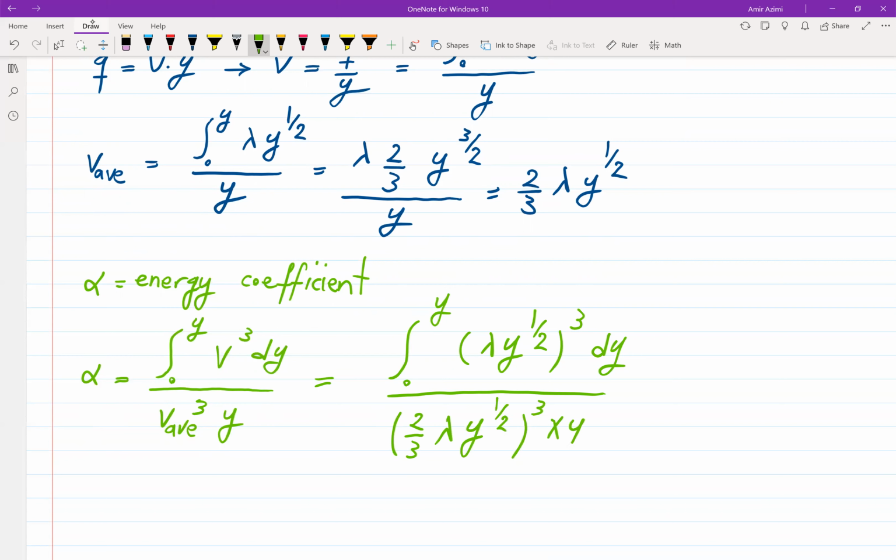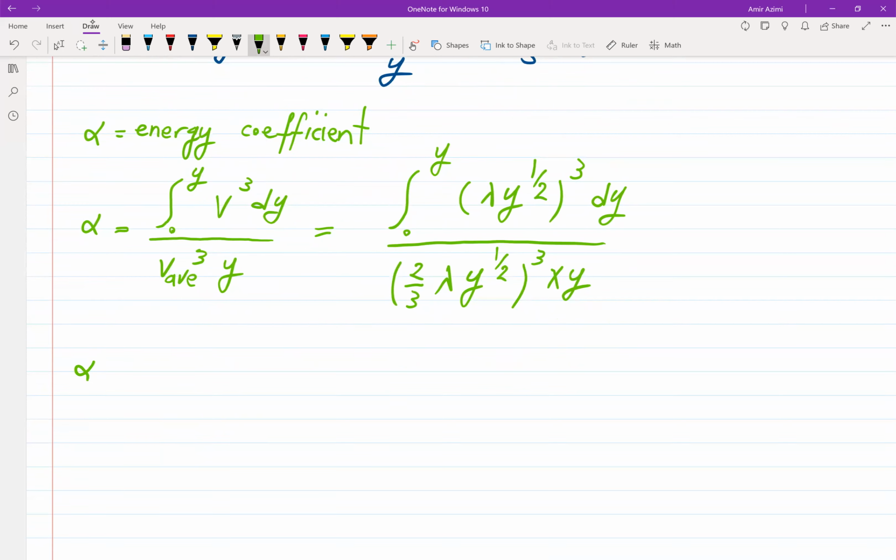So that gives me alpha equal to, lambda is constant, it comes out of the integration, so it would be lambda to the power of 3, and then y to the power of 1/2 to the power of 3 gives me y to the power of 3/2 dy, integration from 0 to y.